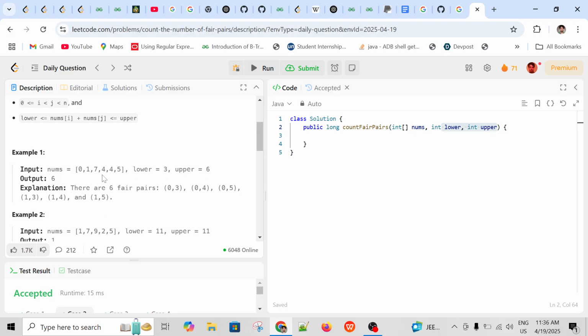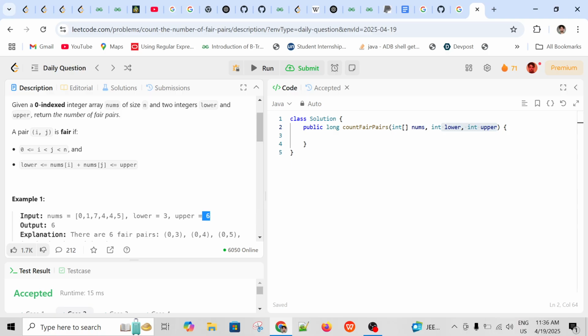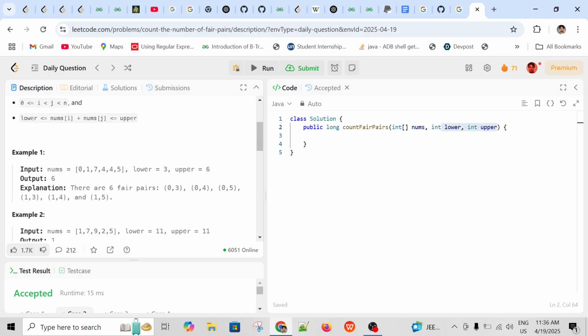Here the input given is nums like this, and lower and upper are 3 and 6. Because you have to find the number of pair sums, what we can do is, from the starting, if I consider the 0 as the first element, the second might be anyone from here to here, and whichever sum belongs from lower to upper, I will consider in the answer.